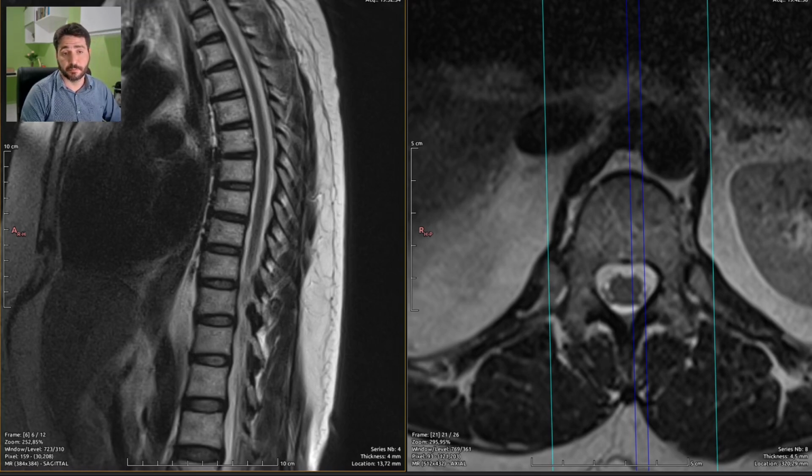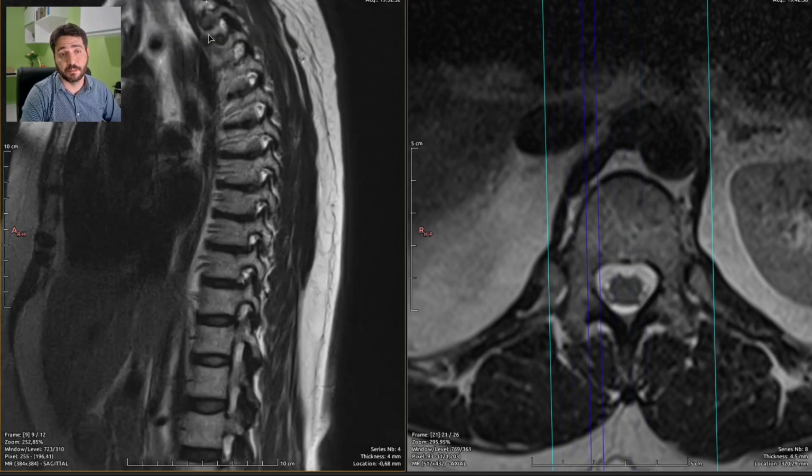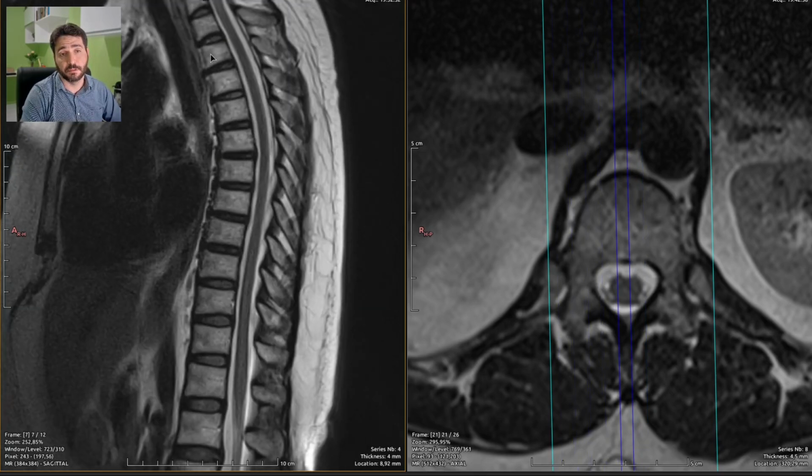And there is a protrusion on D5, D6, right? 1, 2, 3, 4, 5. It's focal and central.